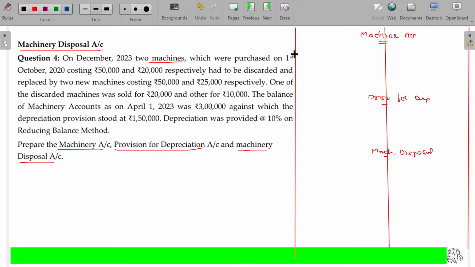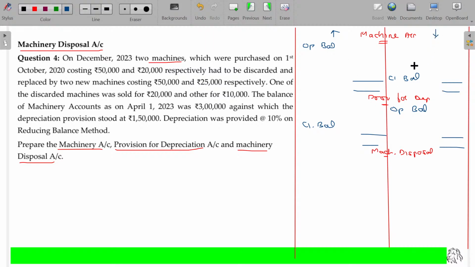What other things will come here? So we'll start with the opening balance here, closing balance here, opening balance and closing balance here. In case of provision for depreciation, the opening balance should be on the credit side and the closing balance should be on the debit side. Whenever any transaction increases the machine value, it should be on the debit side.